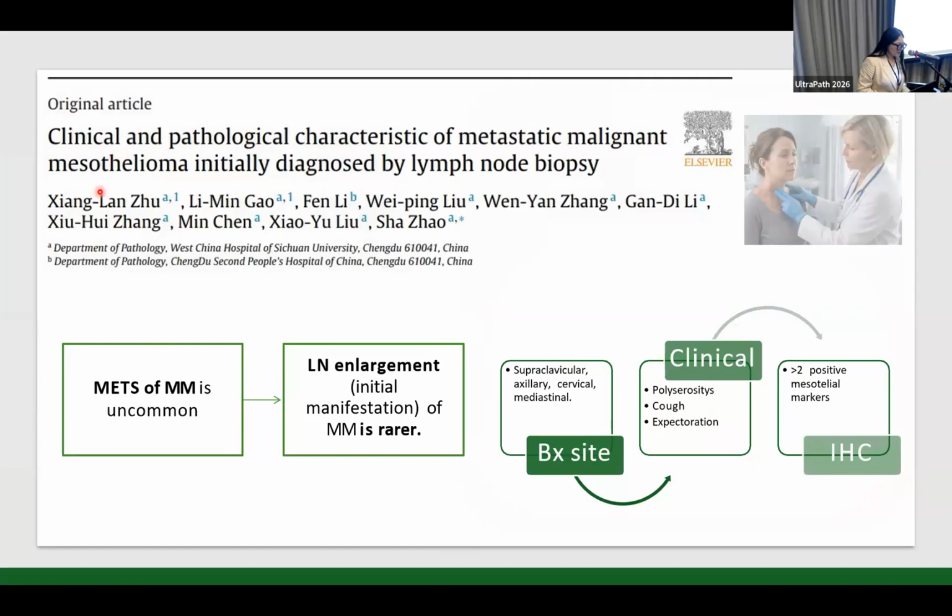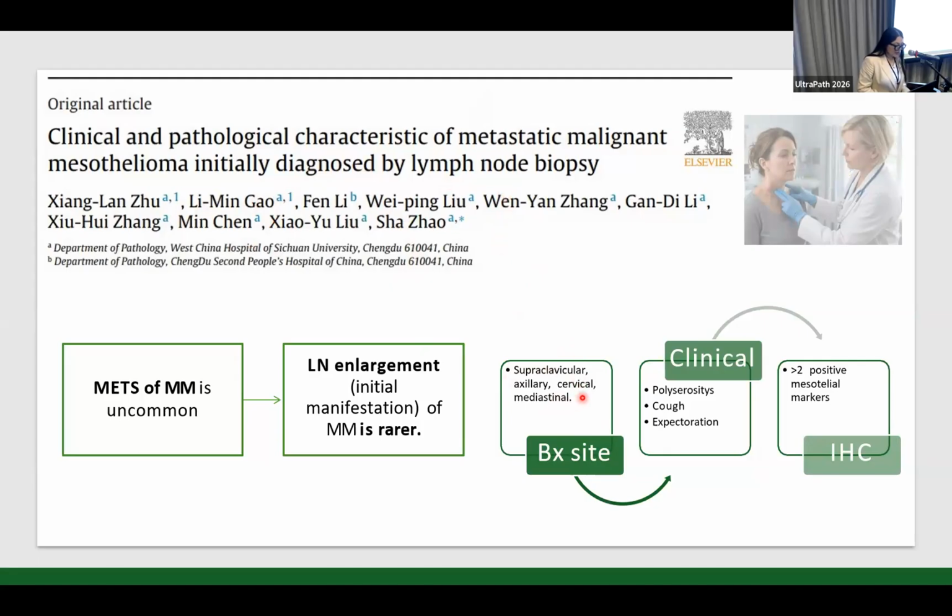So for the literature review, it's actually very rare that malignant mesotheliomas present with an initial manifestation in lymph nodes. This is an article about the pathological and clinical manifestation of this entity, where the malignant mesothelioma was initially diagnosed in a lymph node biopsy.